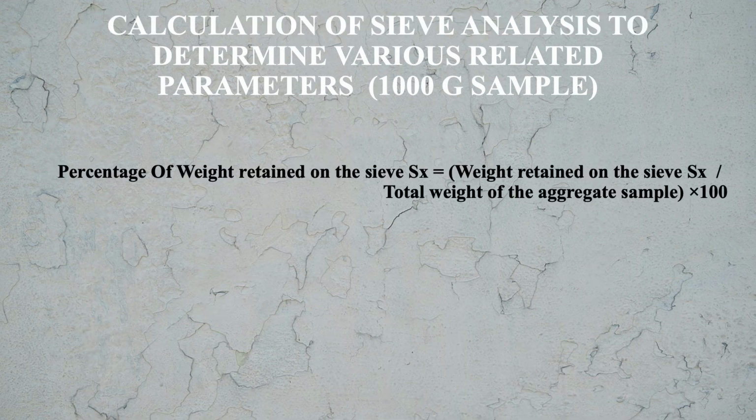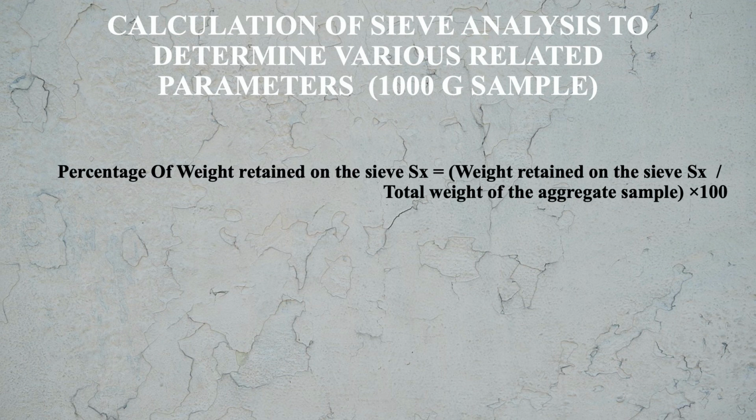Now the percentage weight retained on any sieve SX, let that sieve size be SX, is equal to the weight retained on the sieve SX divided by the total weight of the aggregate sample, into 100.